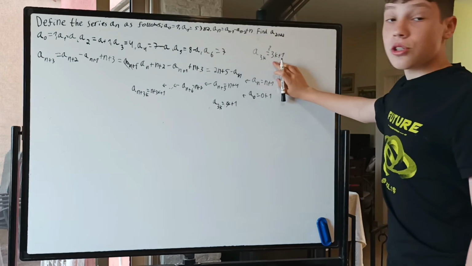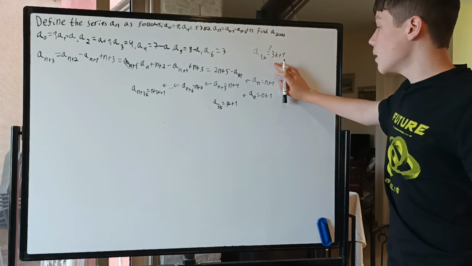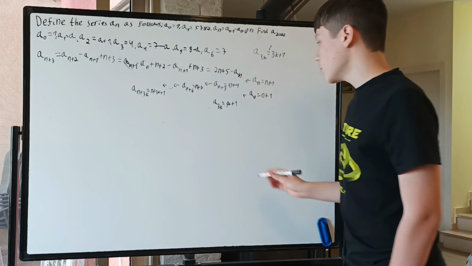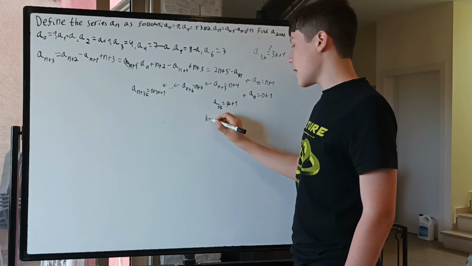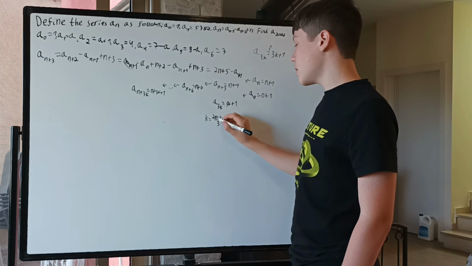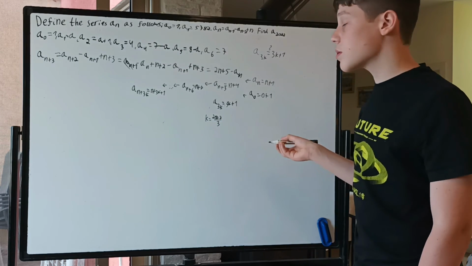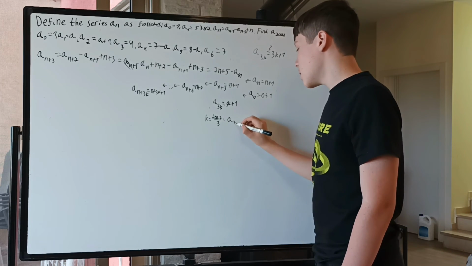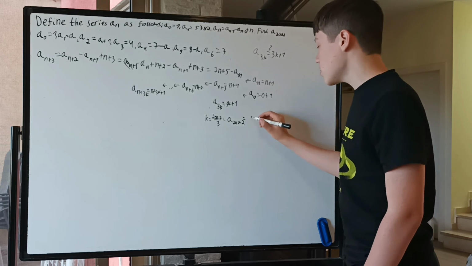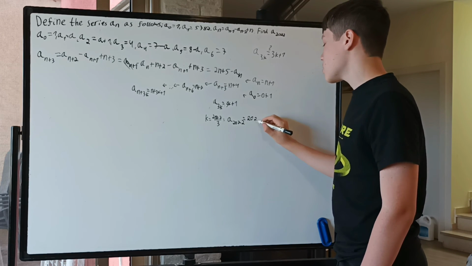And indeed we managed to prove what we wanted to prove. And now, since 3 divides into 2022, we can pick k to be 2022 over 3. We know this is going to be a whole number, so it's fine to do that. And we'll get A_2022 is 2022 plus 1, which is 2023.